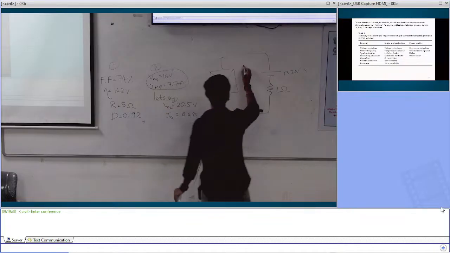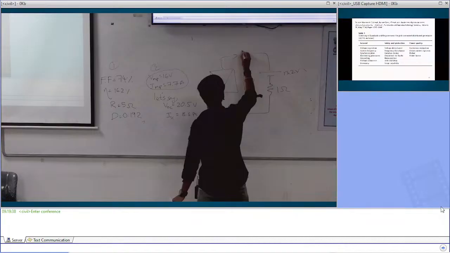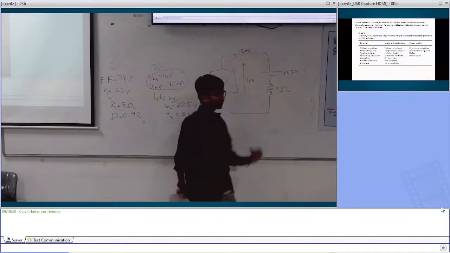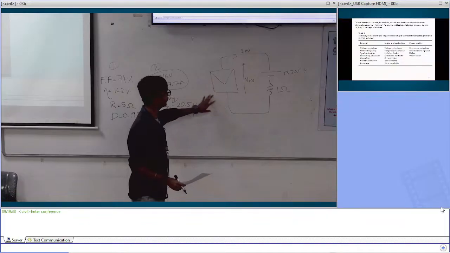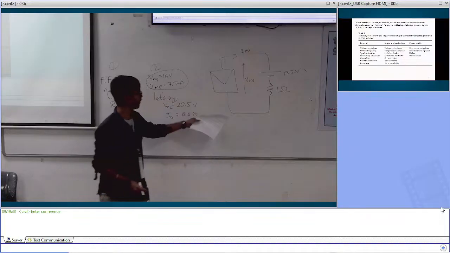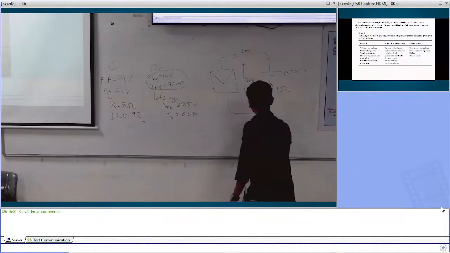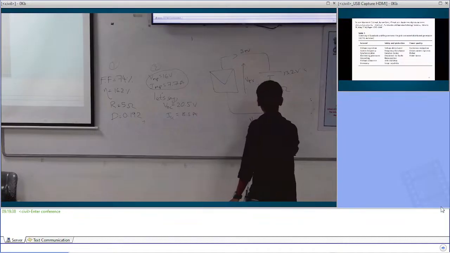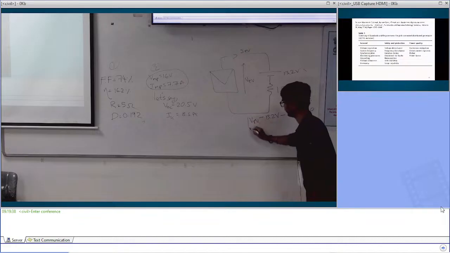So let's consider this voltage as VPV and the current as IPV. Whatever the voltage and current flowing from the PV, it should satisfy the KVL. So writing the KVL equation, this is the KVL equation.